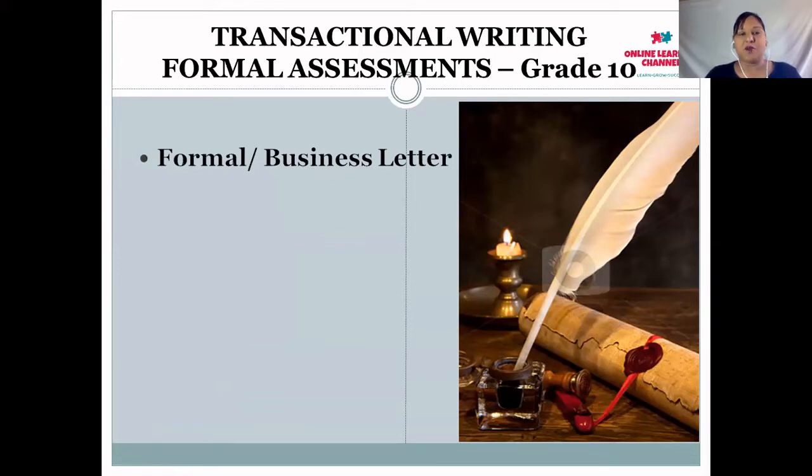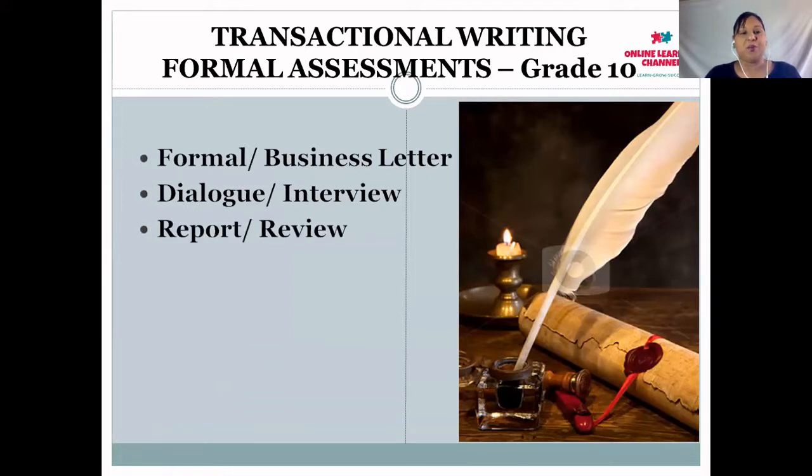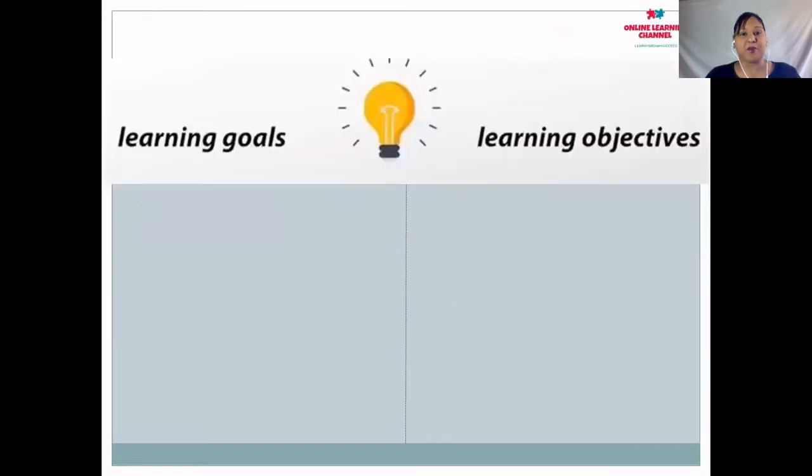Normally focus on your formal or business letters, your dialogue or your interview form, or your book report, book review, or any other type of review.